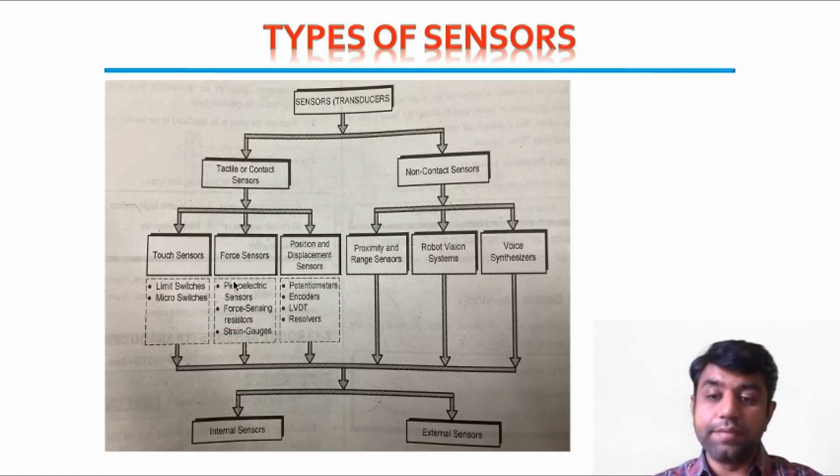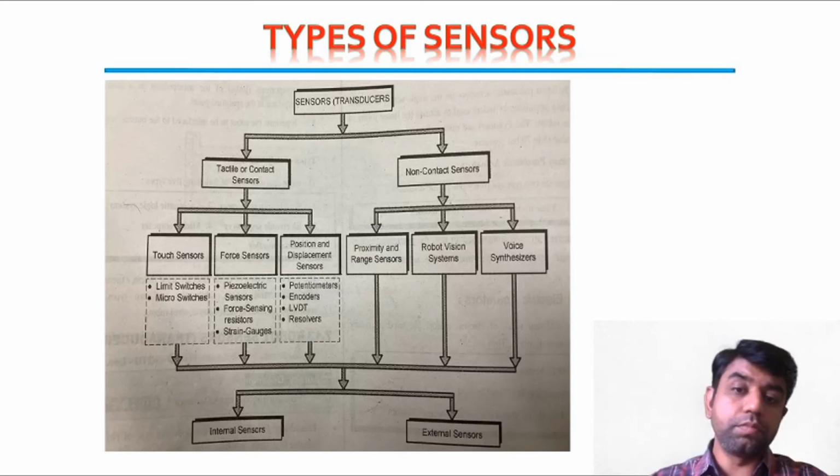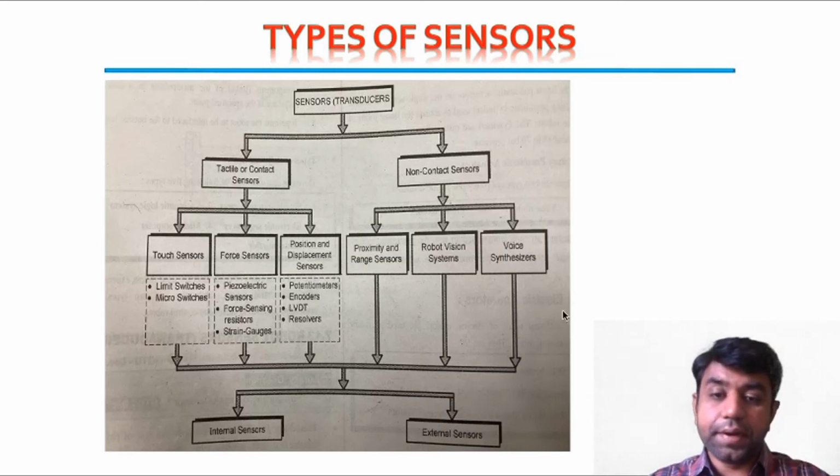For that we have different choices, that is either piezoelectric or force sensing sensors or strain gauges. About this we have already learned in the particular subject of mechanical measurements. In that subject we have already learned about these different types of sensors or the apparatus which measures the data, right?